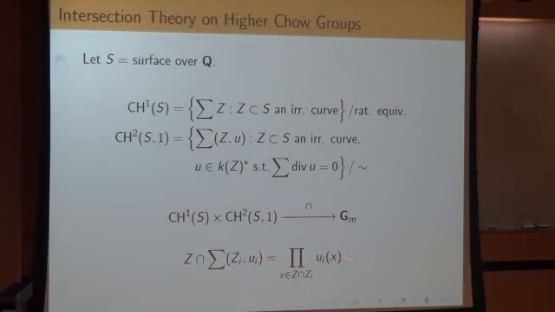Of course, you have to choose your representatives of these classes so that they intersect properly, and so that the intersection points avoid the zeros and poles of the ui, so that these are not zero or infinity. And that's the intersection product. Bloch defined more generally an intersection pairing on higher Chow groups, and this is just a special case.